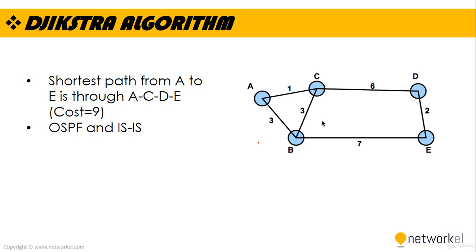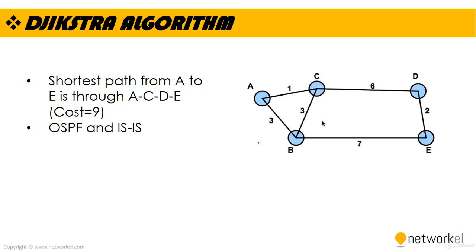OSPF and IS-IS use this shortest path algorithm to determine the best path. In this algorithm, we have cost values for each path representing the bandwidth of the path, and lower cost means higher speed, guys. There's a reverse logic in here.